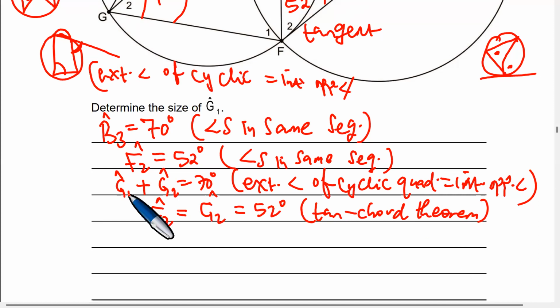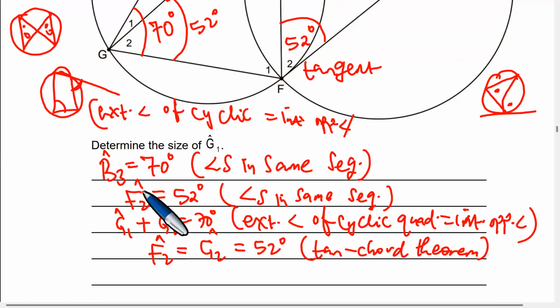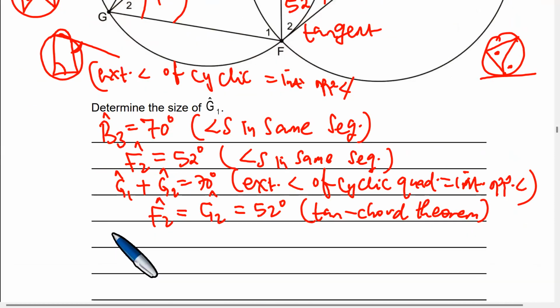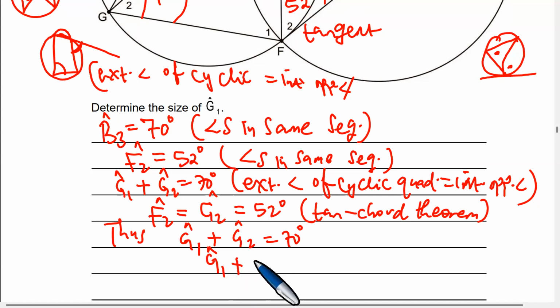Right. So G1 plus G2 is 70 degrees, which means you have G1. What is G2? It is 52 degrees.